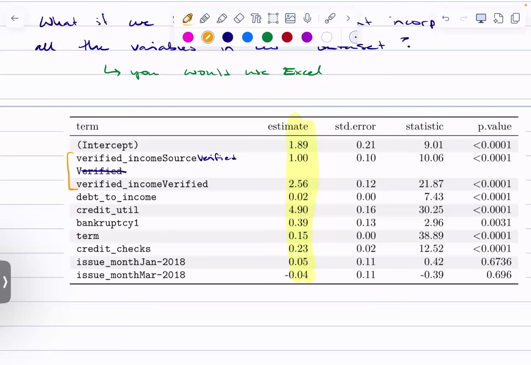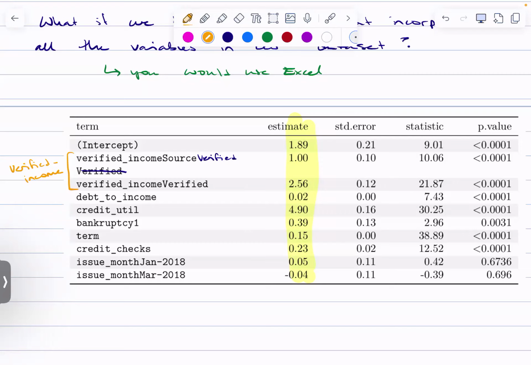Here, we've already seen these variables. This is the verified income variable split by the 3 levels. I say 3 because the reference level is incorporated into the intercept again.